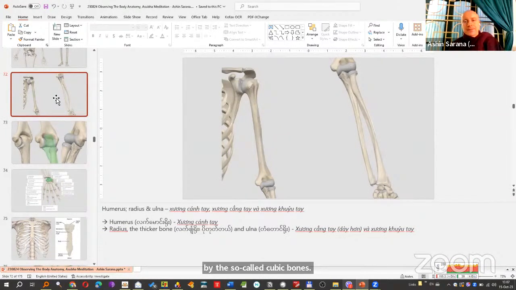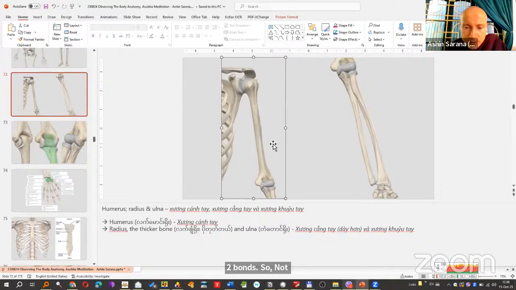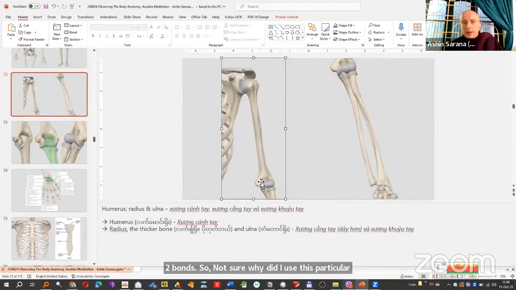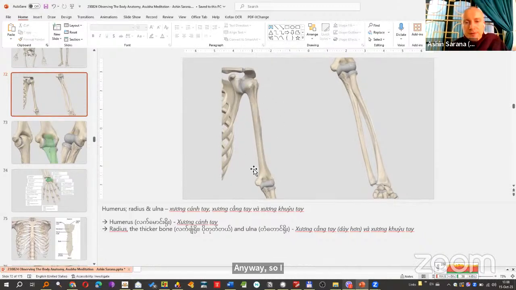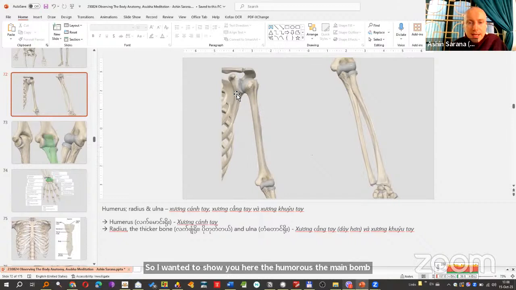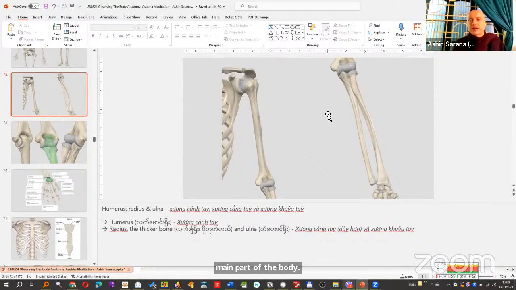So now let's see how the humerus is branching into the 2 bones. So I'm not sure why I used this particular photo. Anyway, I understand now. I wanted to show you here the humerus, the main bone, the big bone that's attached to the torso, to the main part of the body, and then the 2 smaller bones, radius and ulna.